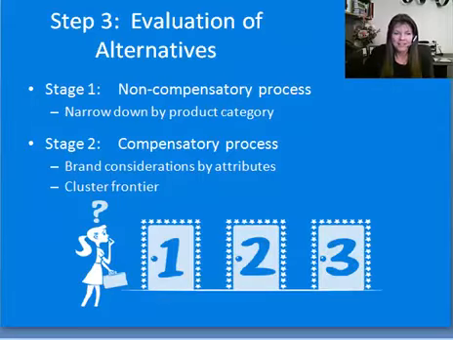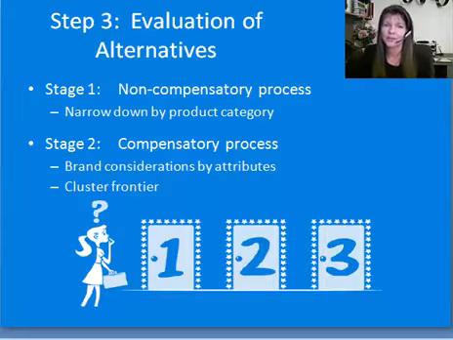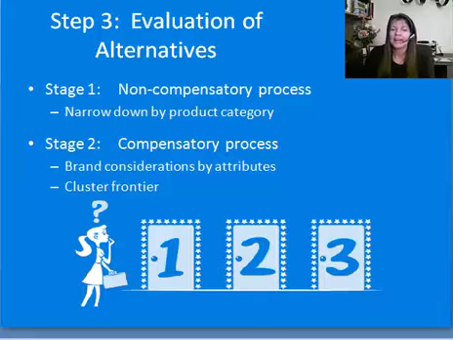Now, one more thing I want to talk about in this third step of evaluating alternatives, and in the second stage of that step where you're involved in the compensatory process of brand consideration by attributes, okay, is another thing that will affect your decision, and that is what is called a cluster frontier.